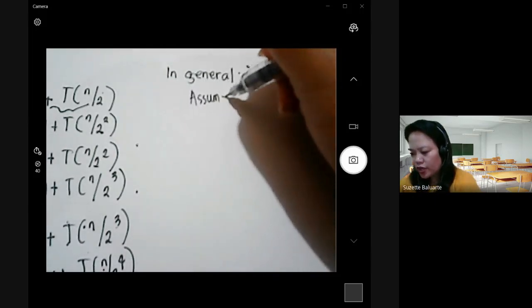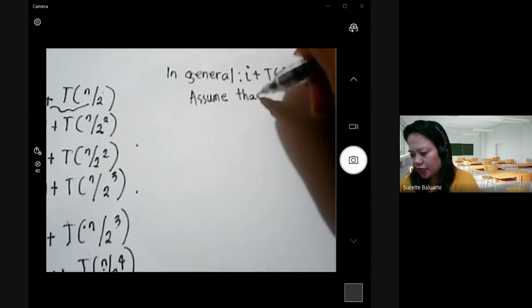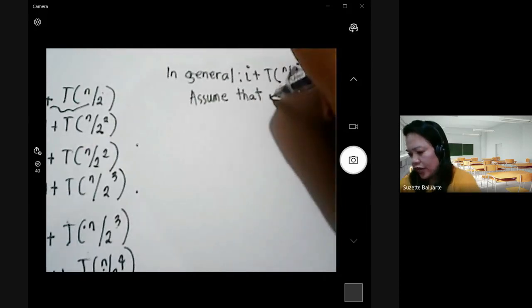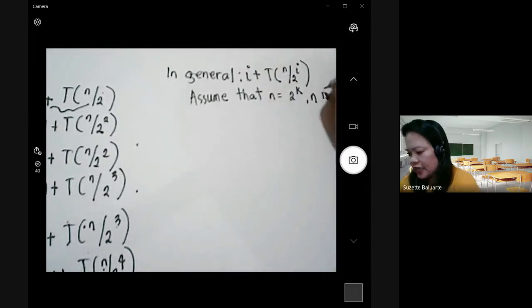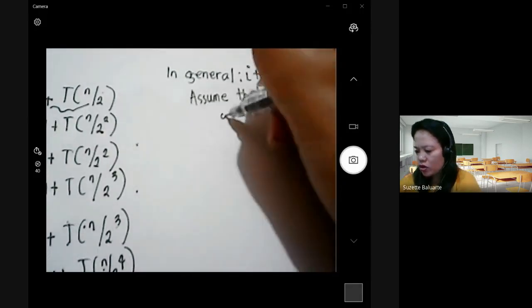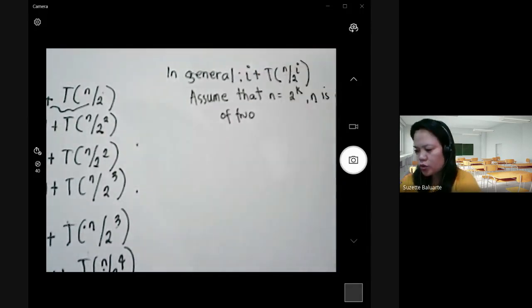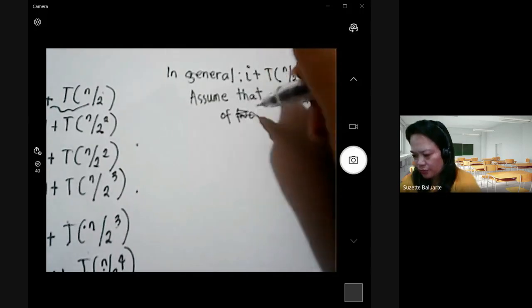Mag-assume ta diri ha. Assume that n is equals to 2 to the k, and then n is a power of 2, or 2 nga number kana.